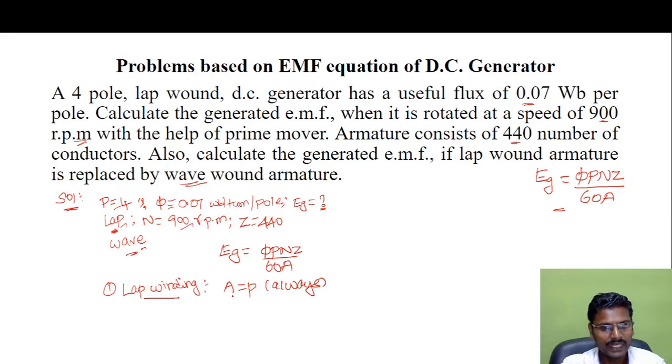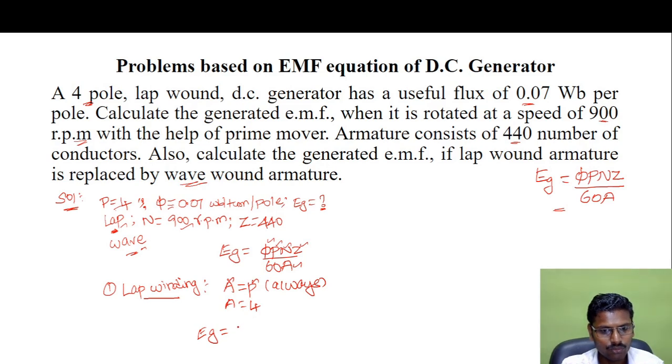So A is equal to the number of poles, which is given as 4, so A is equal to 4. So we know phi, poles, speed, Z, and A, and from these we can calculate EG for lap winding.